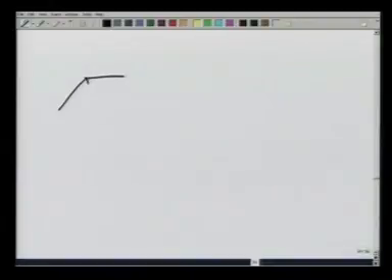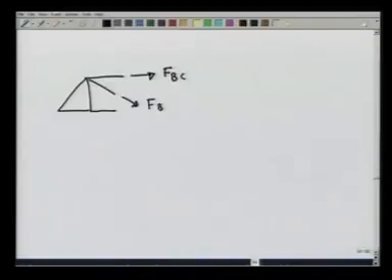Let us do that. So, what I have is this section of the truss. This is being pulled this way by force FBC. This is being pulled this way by force FBE, and this is being pulled this way by force FFE, and there is a net force here which has already been solved for, 5000 over 3 newtons.